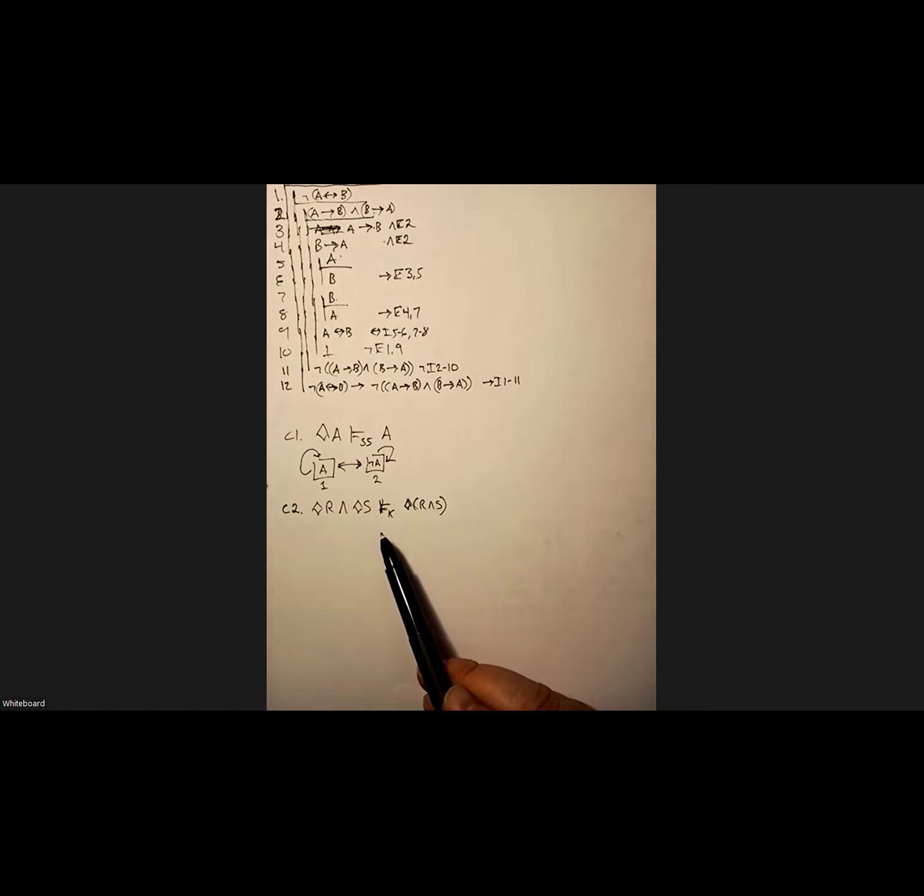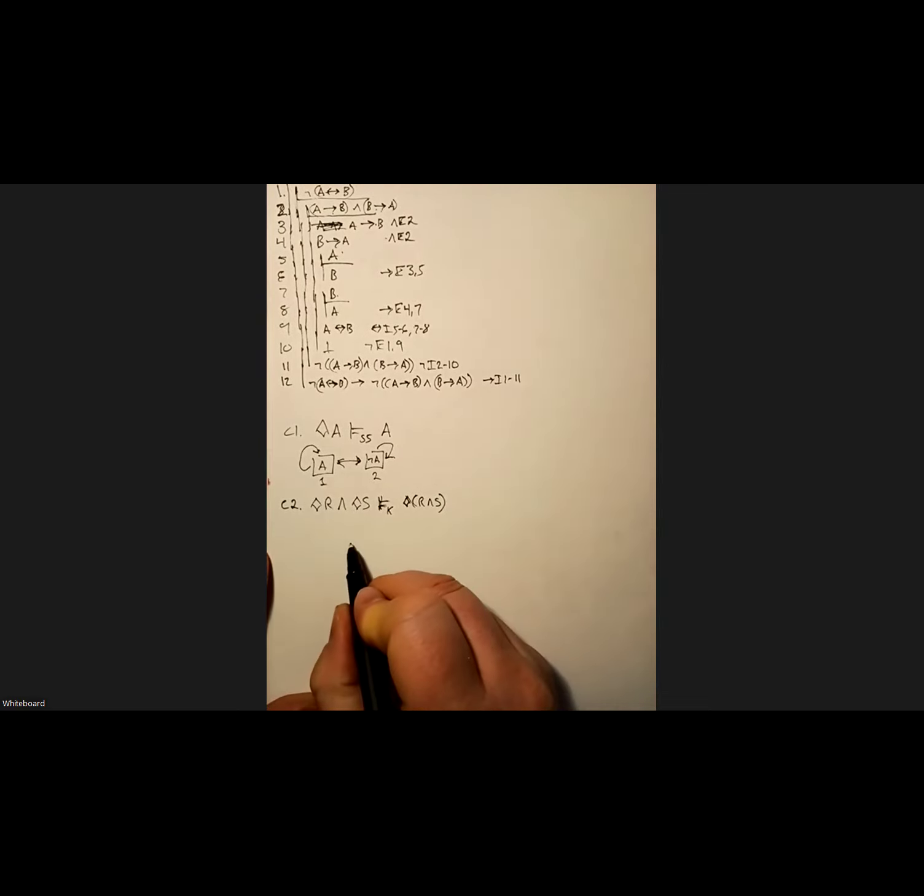T, the next one, requires every world can see itself. S4, every world can see itself, and the relation is transitive. And finally, in S5, accessibility is reflexive. Every world can see itself. It's transitive, and it's symmetric. So if it goes out, it comes back.